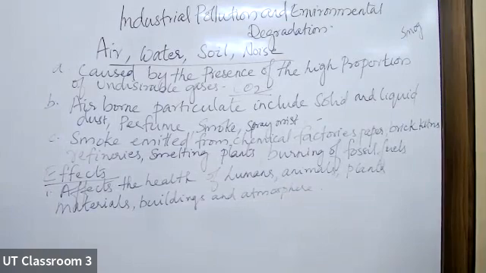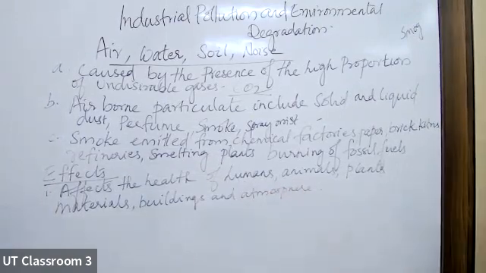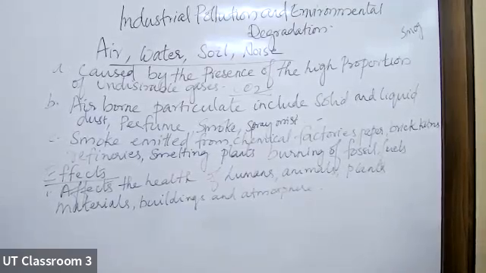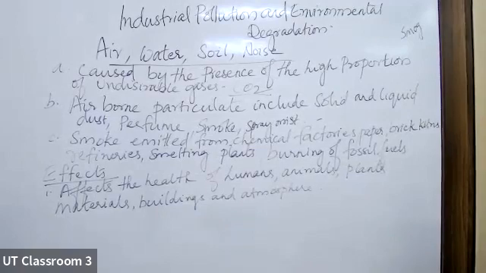This type of problem gives rise to suffocation. That is how humans are affected. Animals also get that kind of problem. Plants need carbon dioxide. If the carbon dioxide decreases and nitrogen increases, plants are affected. With acid rain and so on, the leaves turn yellow instead of green.